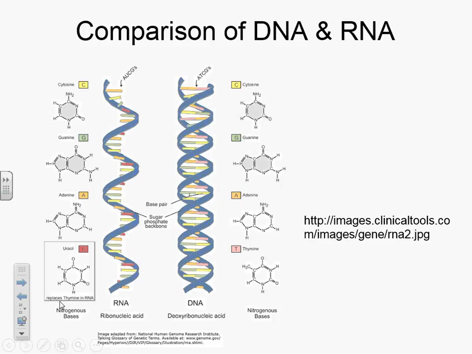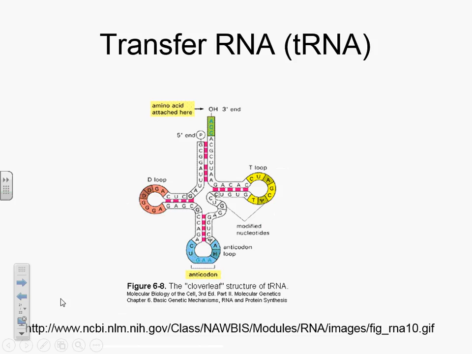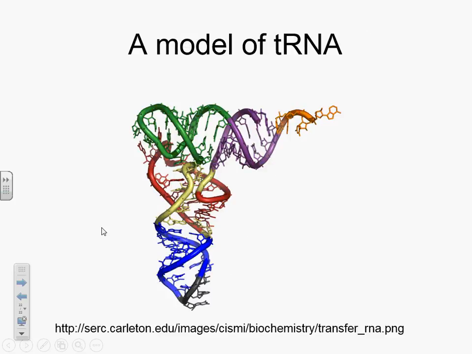So what you tend to get are shorter pieces of it for a start, and they form all sorts of odd shapes. Transfer RNA is still single-stranded, but it's folded up. So that's not a helix at all. They often describe that as a cloverleaf shape. We're going to need that when we get onto protein synthesis. And there's a model of the same thing, which is hardly any use at all.